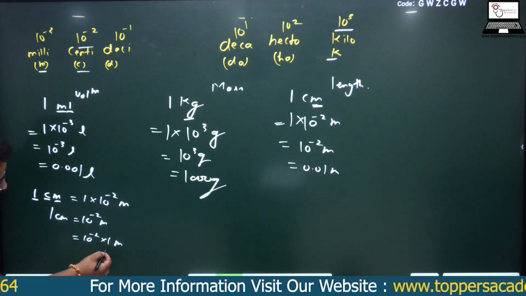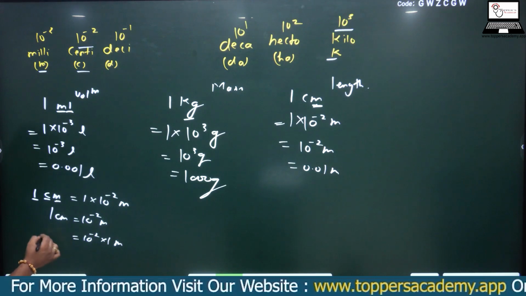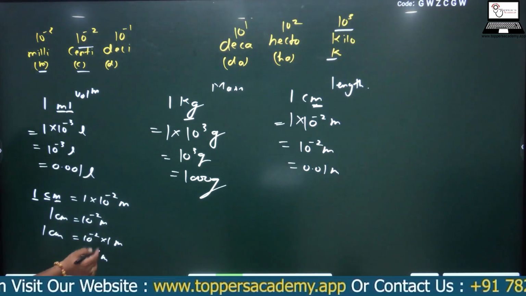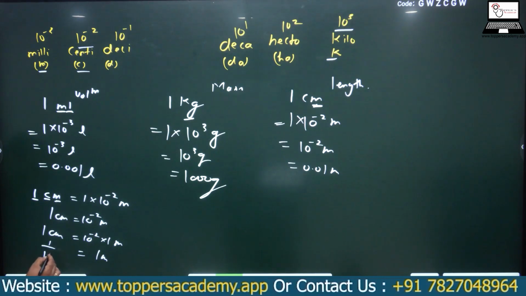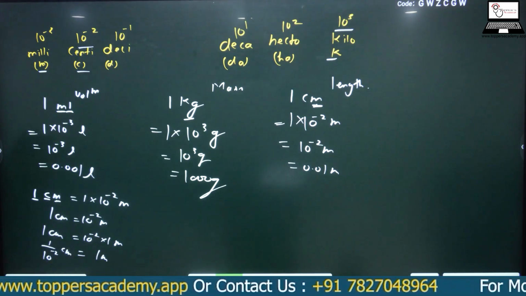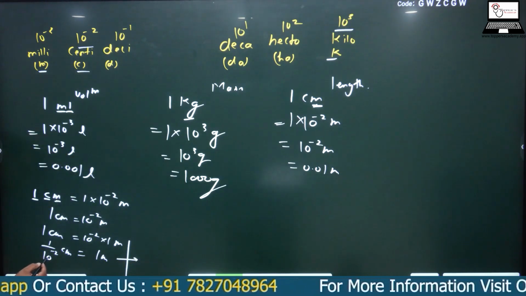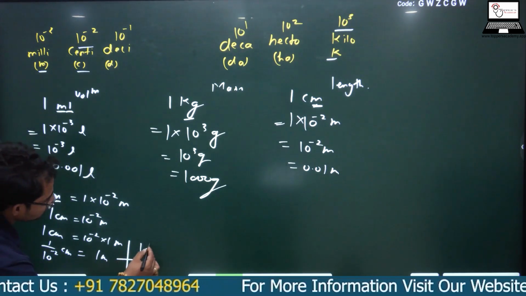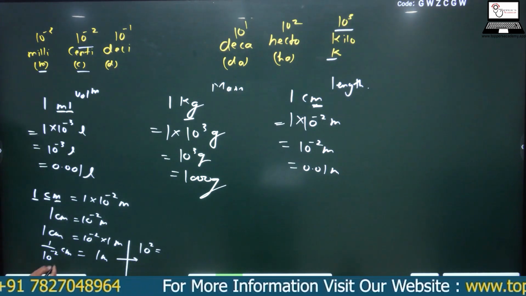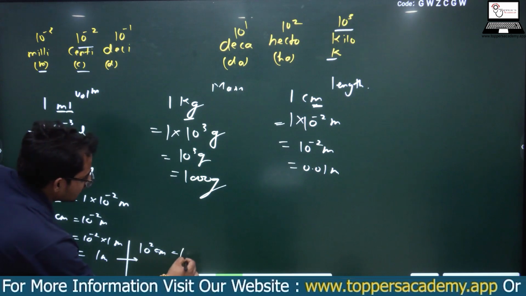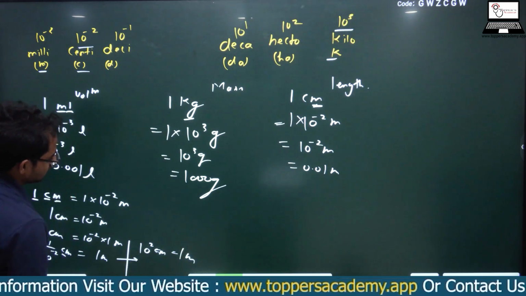So 1 centimeter and 1 meter. Now 10 to power minus 2 in the multiplication will go to the denominator, so 1 upon 10 to power minus 2, that means 10 to power 2. So 1 meter is equal to 10 to power 2 centimeter.